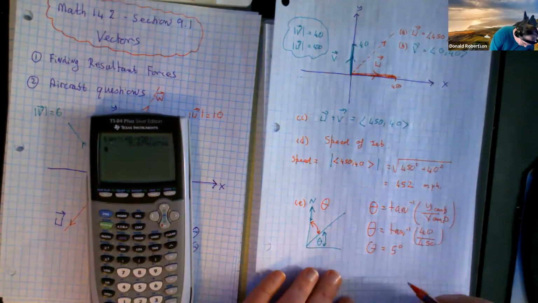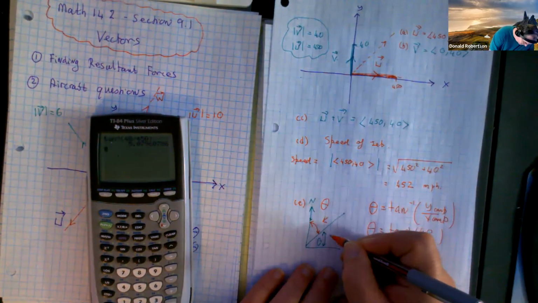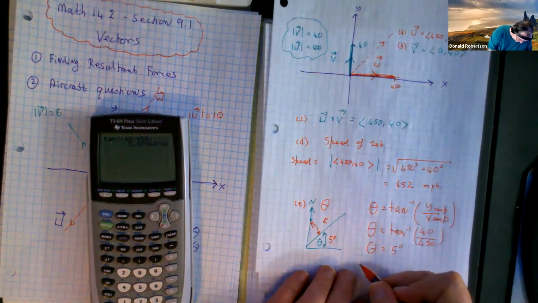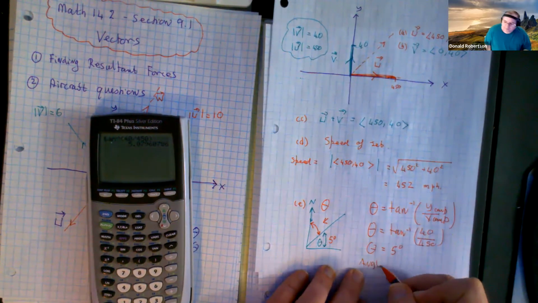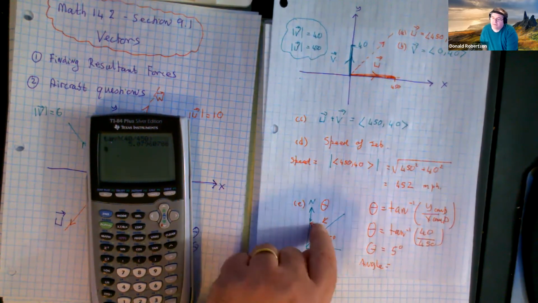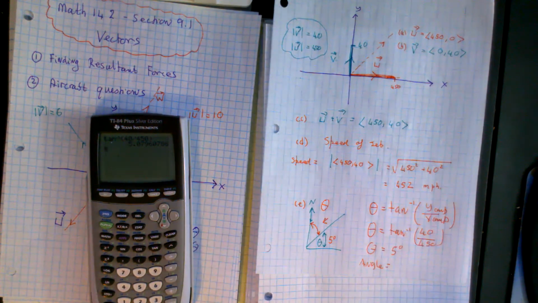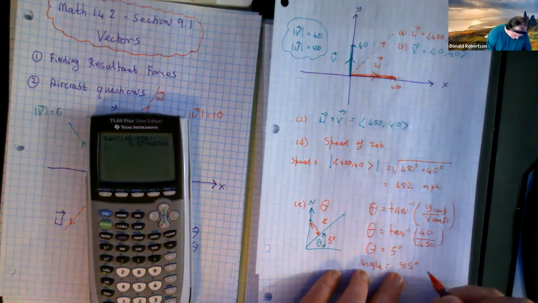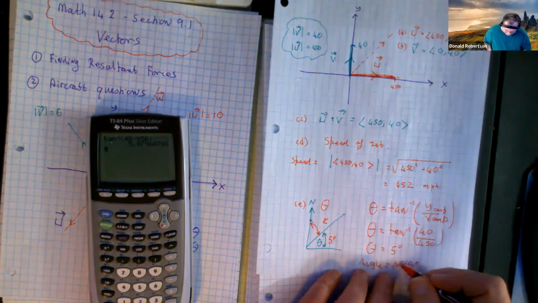But what is our angle? This is 5 degrees, but what's our angle? This fella here. If this is 5, how much is that? 85. 85. So you will write down 85. I think they have north, 85 east. That's just the letters around it.